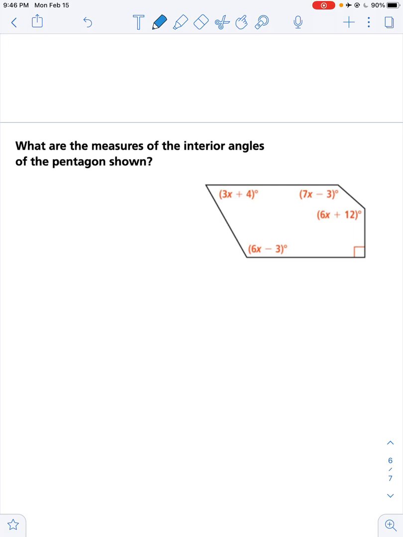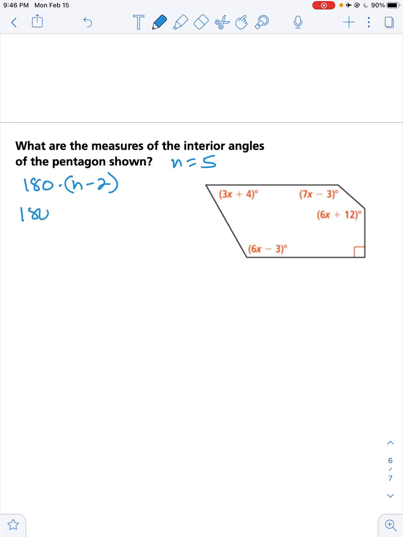So because I'm dealing with interior angles, I'm going to use 180 times n minus 2 to figure out the sum of all of the angles of this pentagon. So because this is a pentagon, that means my n is equal to 5.